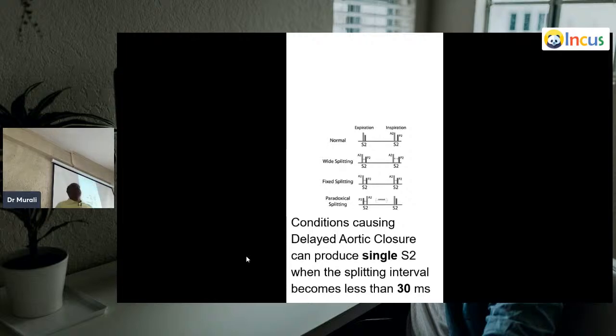Single S2. Normally, A2 will be heard first, P2 will be later. Why? Because for the closing of the valve, what is needed? A pressure gradient between one chamber and the other chamber should be there for the closure.